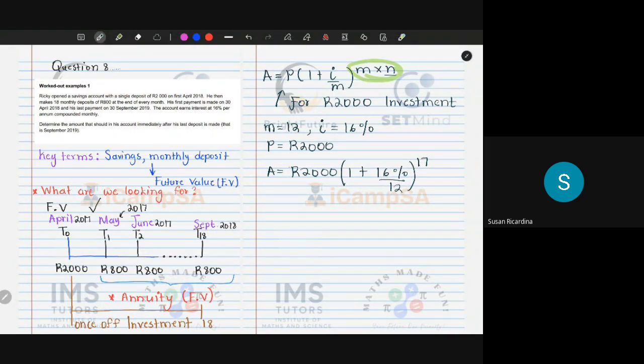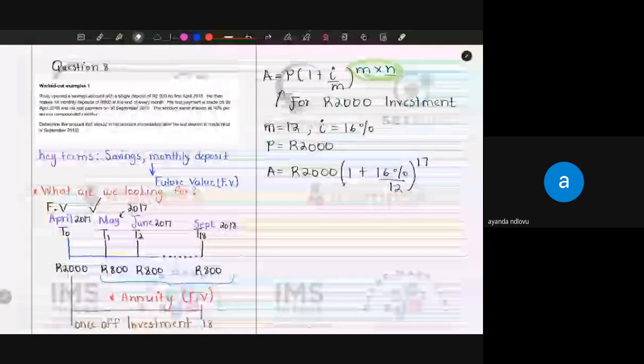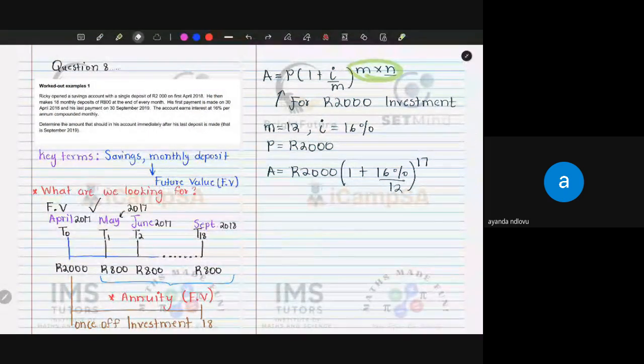I see a hand from Ayanda. You can go ahead. So, sorry, for N, since we usually do N as years, how does the formula know that 17 is now months and not years? Oh, so do you see that when we take the compounding period and multiply it by N, we are actually getting the number of months.